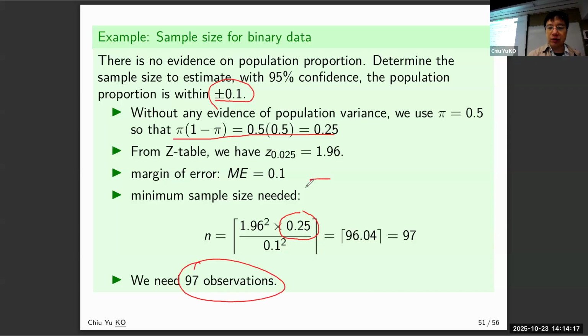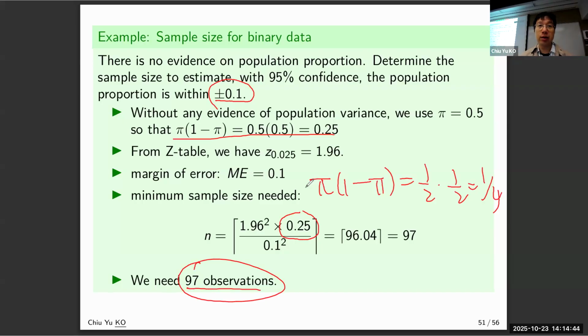The only difference is that pi times (1 minus pi) does not come from the question, but you take the worst case scenario, which is 1/2 times 1/2, that's 1/4, right? And you can see if I want the precision to be 0.1, then I need around 100 observations, right?